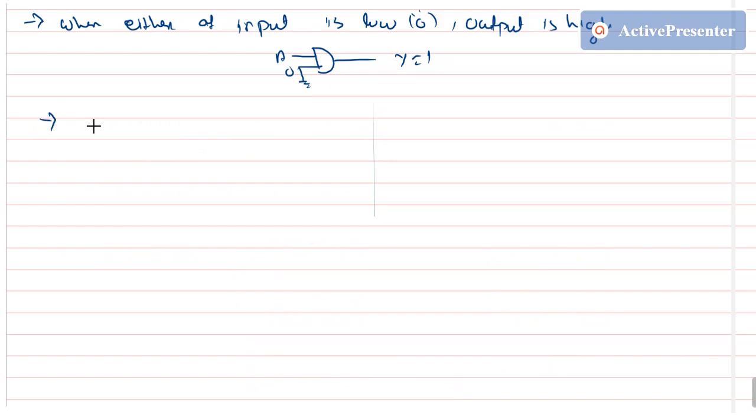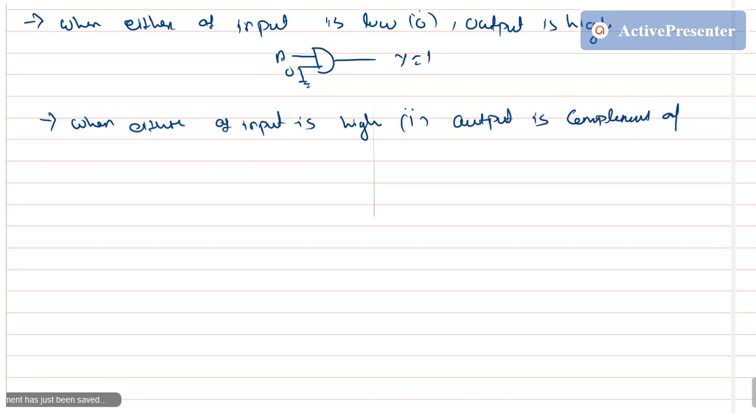Next point is, when either of the inputs is high, high means 1, the output is the complement of the other one.